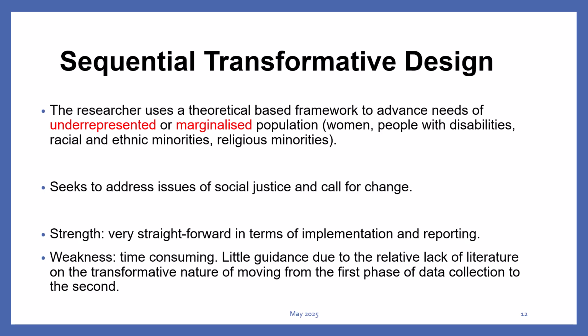For example, as you can see, such as women, people with disabilities, racial and ethnic minorities, and religious minorities as well. So in this aspect, this design, which is a sequential transformative design, seeks to address issues of social justice and call for change by means of the theoretical framework that is used in this design.